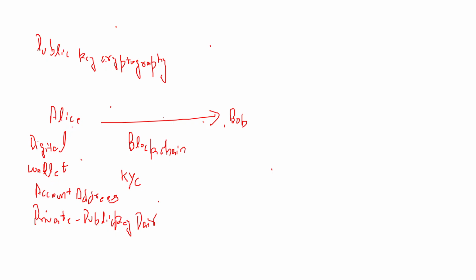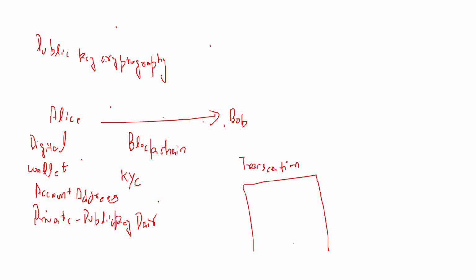Suppose Alice wants to send some money to Bob. Then Alice must have money in her digital wallet. So when Alice orders a transaction, that transaction has some transaction details.